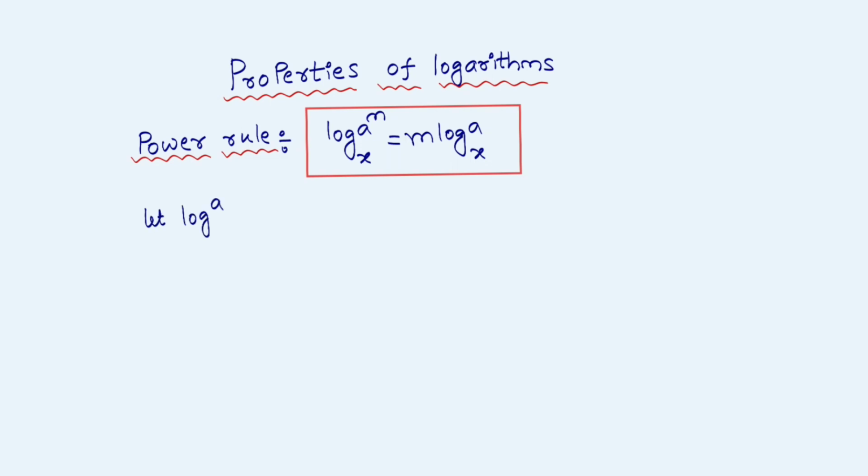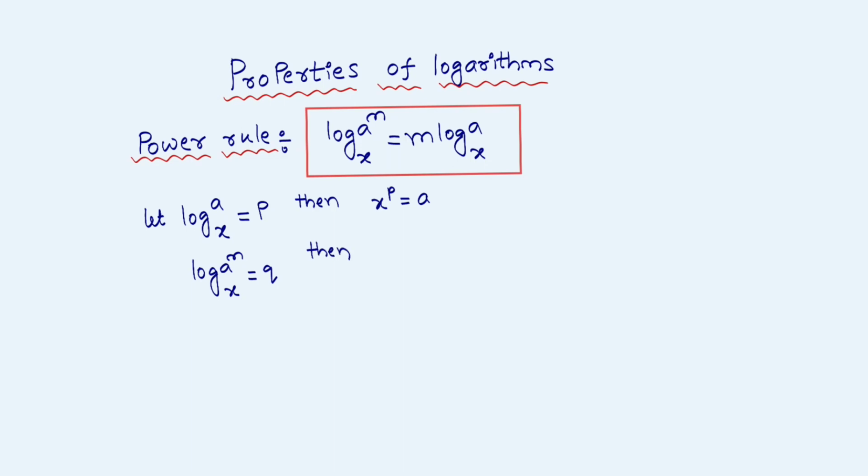Let log a to the base x is equal to p. Then again in exponential form, we get x to the power of p is equal to a. Then the next term we have to take, log of a to the power of m to the base x is equal to q.